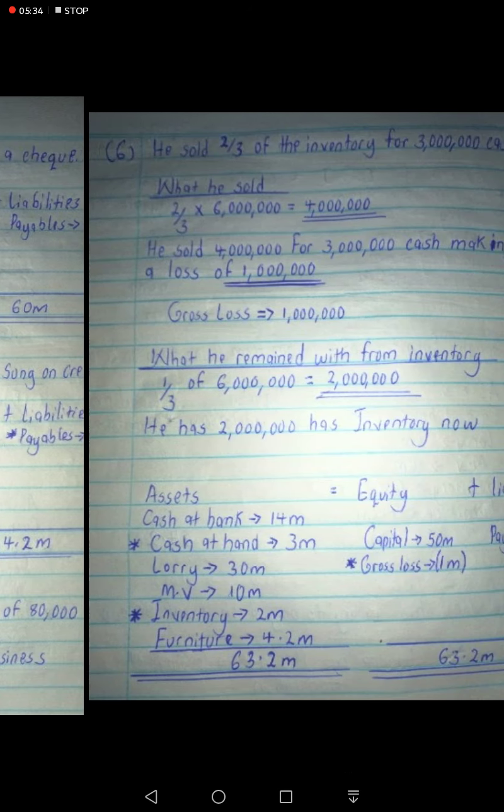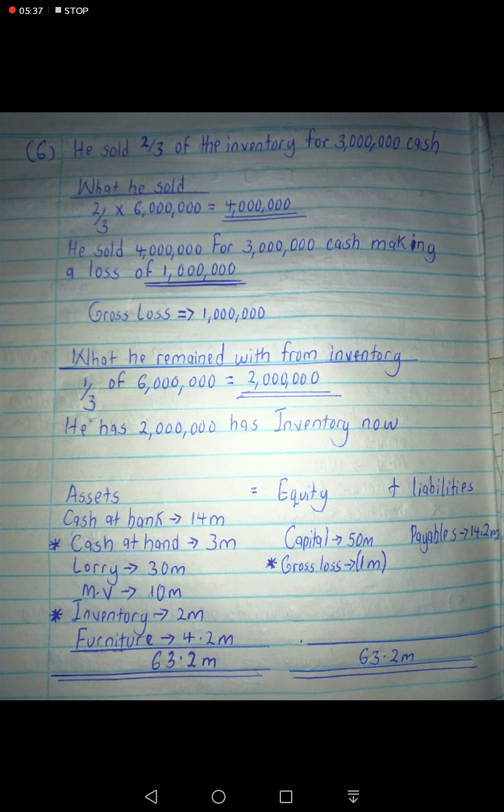Then we go to the sixth one, which says he sold. We are going to be very careful with this one. He sold two-thirds of the inventory for 3 million cash. So here he's selling two-thirds of the inventory for cash of 3M, so he's bringing cash into the business. But what did he sell? He sold two-thirds of the 6 million.